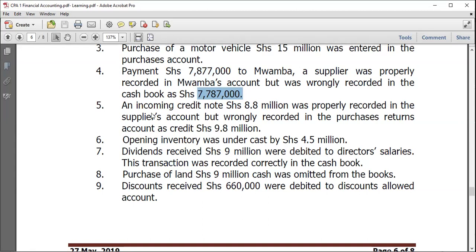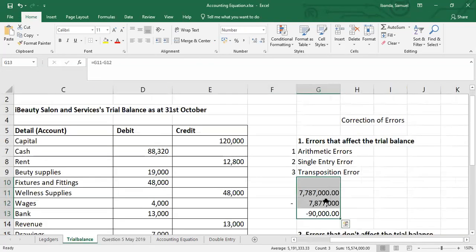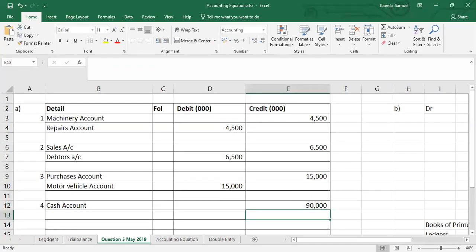So how we shall correct this error is we shall come here and credit our cash book, or call it the cash account. We are crediting by 90,000 to increase on the value that we wrote there, to increase on this seven that was recorded. So we are crediting more by 90,000 to take care of that.